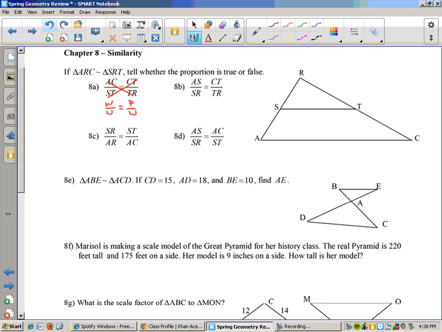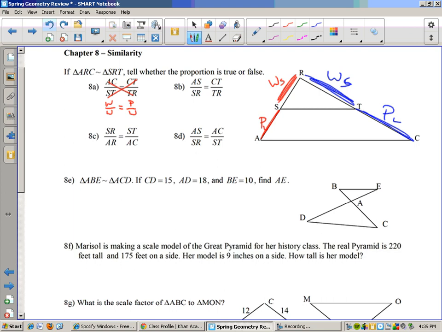Okay, so 8B. AS is a partial length in the large triangle. SR is a whole length in the small triangle, and that's not necessarily bad. We can do that. CT is also a partial of a large triangle, and TR is the whole side of the small triangle.